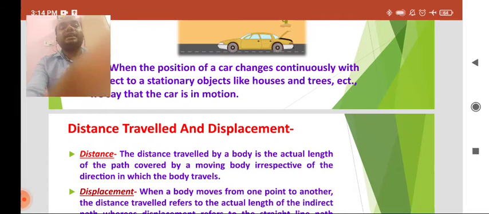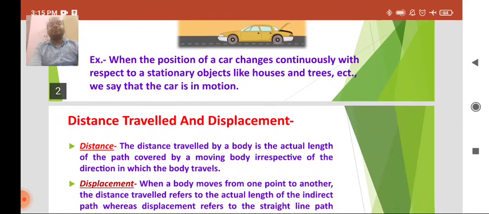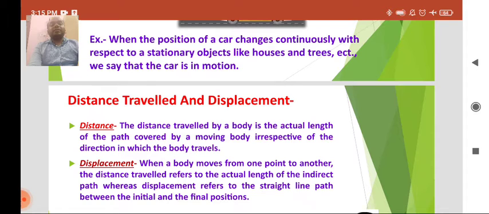So we can say that distance is a scalar quantity and displacement is a vector quantity. Distance traveled by a body is the actual length of the path covered by a moving body, irrespective of the direction in which the body travels. This is called distance. Distance is a scalar quantity. Its unit is meter.